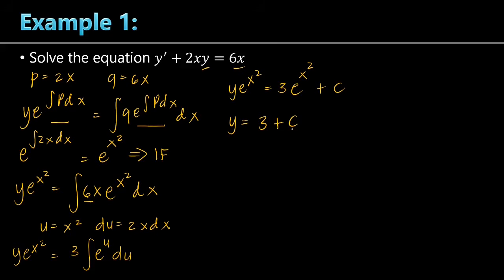Or kung ayaw ko siyang gawing divisor, gawin ko na lang siyang multiplier pero negative ang exponent: e to the negative x squared. O, di ba? So, ngayon, meron na akong general solution. Hindi nyo napansin, ano? Tapos na pala tayong mag-solve ng problem. So, this is now our general solution. O, di ba? Ang dali lang.